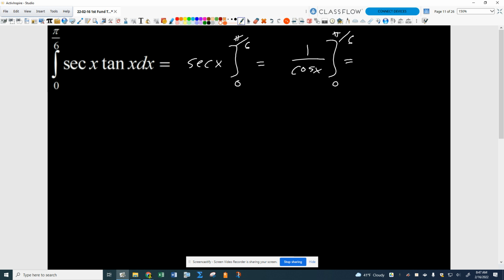And so what's that going to give me? Cosine of pi/6. You can do this quickly if you just think about pi/6 being the smallest angle in quadrant 1, right? So at pi/6, you're going to have big x, small y.